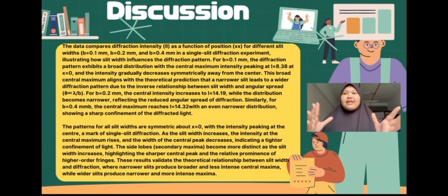As the slit width increases, the intensity at the central maximum rises and the width of the central peak decreases, indicating a tighter confinement of the light. The side lobes, which means secondary maxima, become more distinct as the slit width increases, highlighting the sharper central peak and the relative prominence of the higher order fringes.